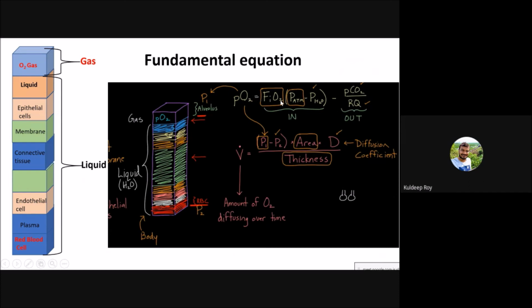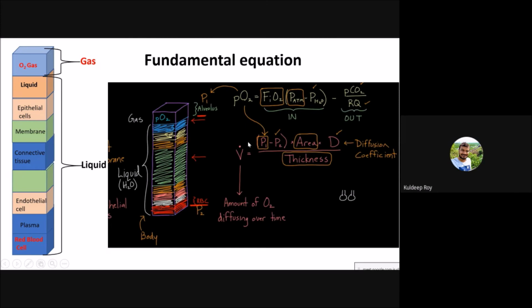It will be equal to how much amount is entering: FiO2 multiplied by the bracket of PATM, atmospheric pressure, and PH2O, the liquid pressure, and then the partial pressure of CO2 divided by RQ. This whole portion will be in minus out, the amount you are injecting here. I think you have got a little bit of idea how you will write this particular equation in mathematical terms.